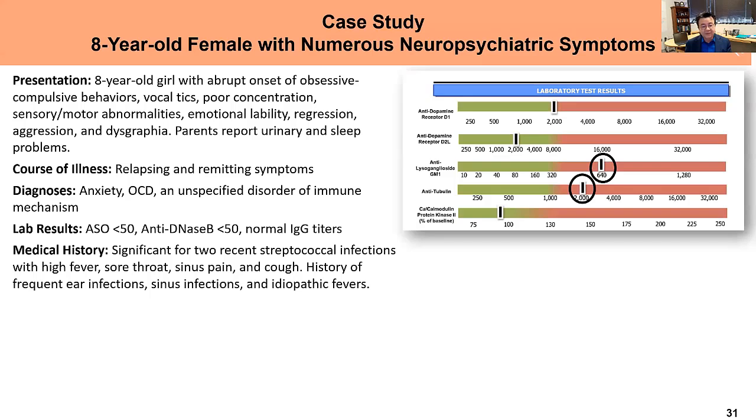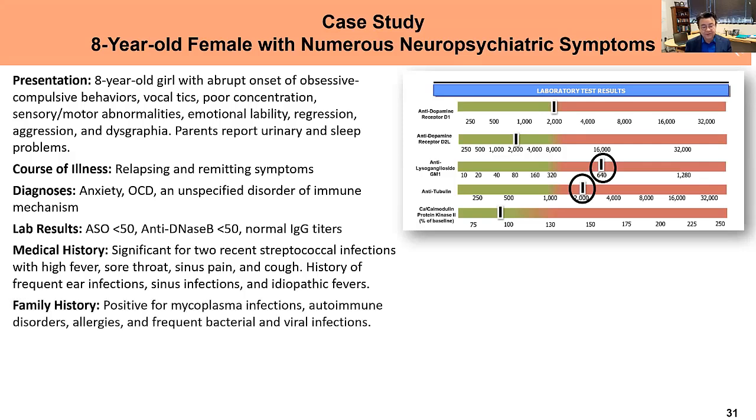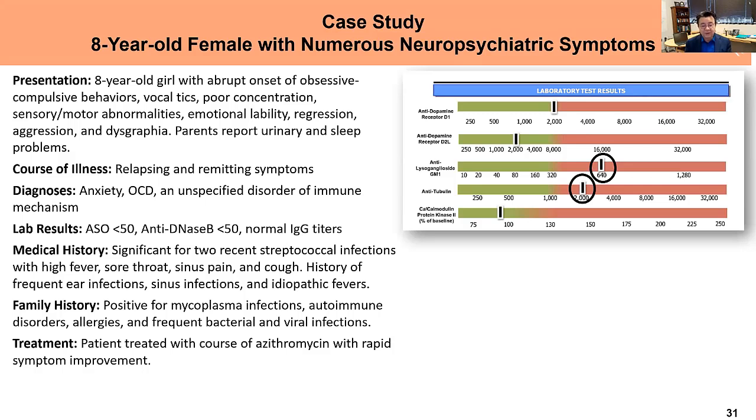But they did find that it was significant for 2 recent streptococcal infections, and she had a history of frequent ear infections, sinus infections, and idiopathic fever. So the family history was positive for mycoplasma infections and autoimmune disorders. Allergies, frequent bacterial and viral infections was a signal there. So this patient was caught early, and this was the nice thing about the testing: the patient was treated with one course of azithromycin with a rapid symptom improvement.